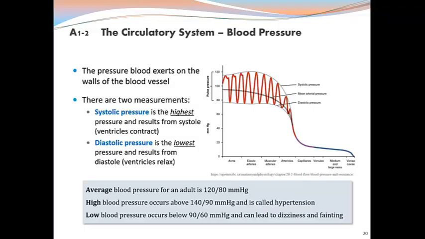Now, in terms of what is average blood pressure, we always refer to it as 120/80. Some students really struggle with which number represents what. Here's my little tidbit of help. It's kind of a silly way to think about it, but the top number is always systolic, and the bottom number is always diastolic.